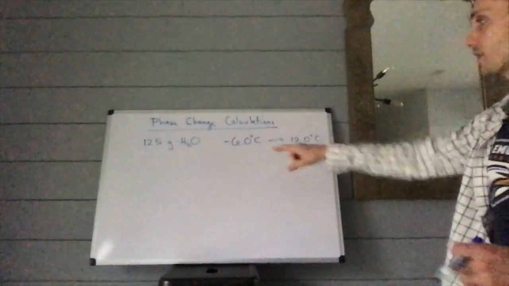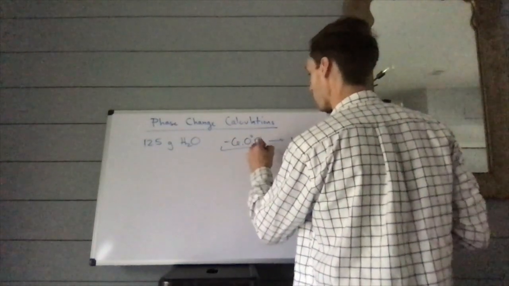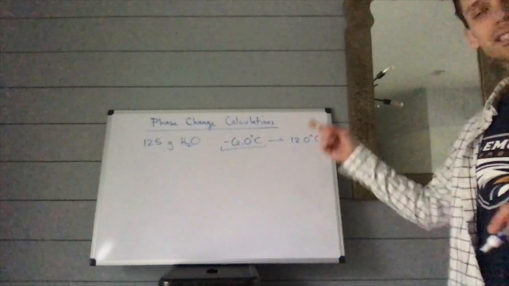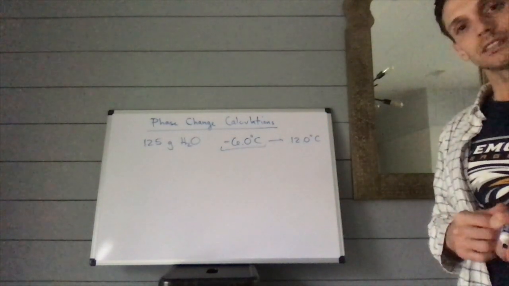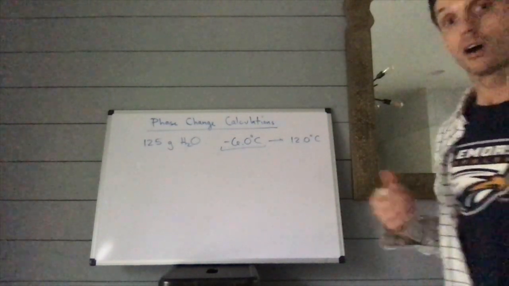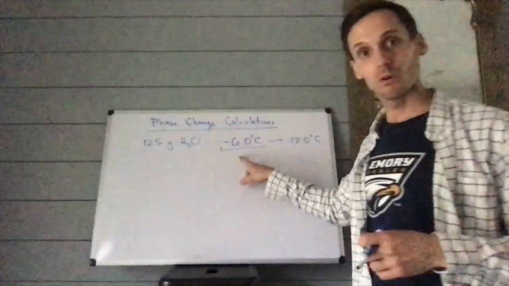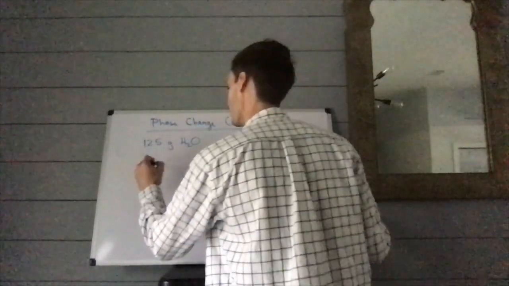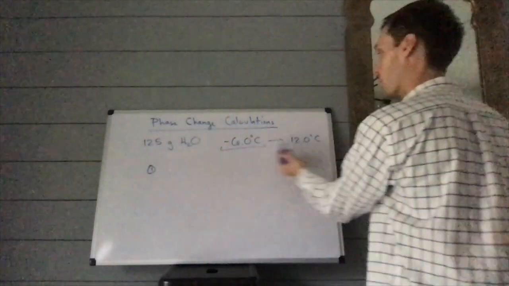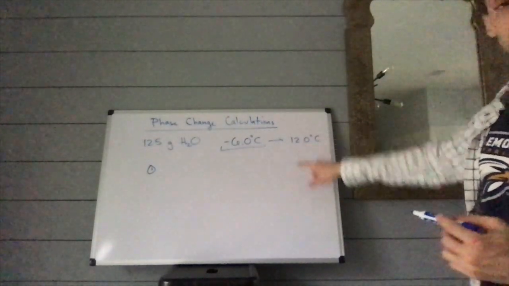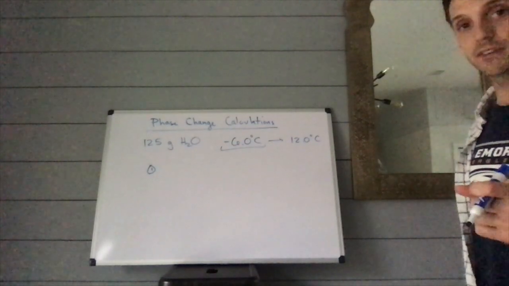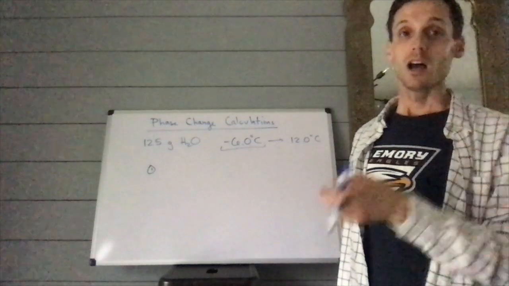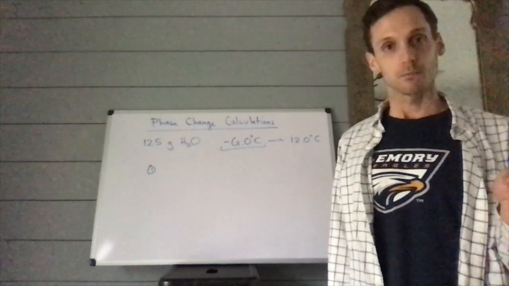So now what I want you to think about is, all right, this water is starting at negative 6 degrees Celsius. What state is it starting at? If it's at negative 6 degrees, hopefully you realize that's below its freezing point, right? So the first thing we're going to have to do, in order to get it up to 12 degrees, is increase the temperature of our solid up to the melting point, okay?